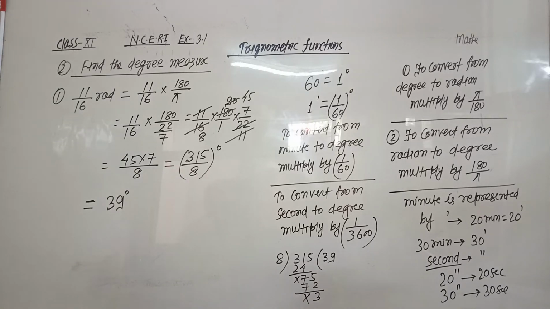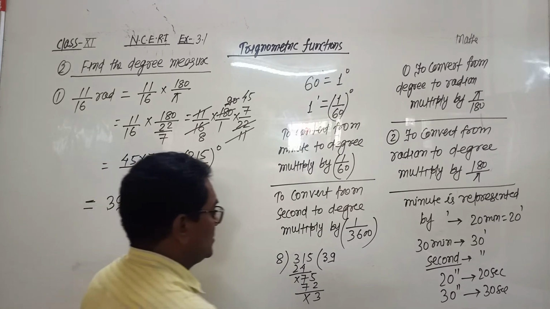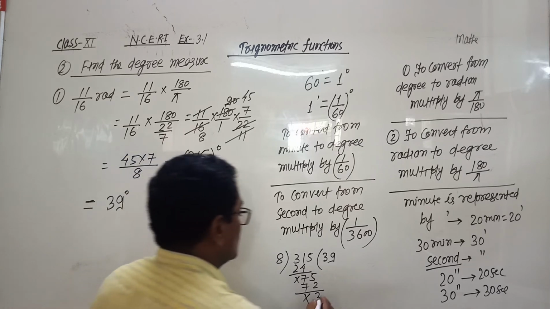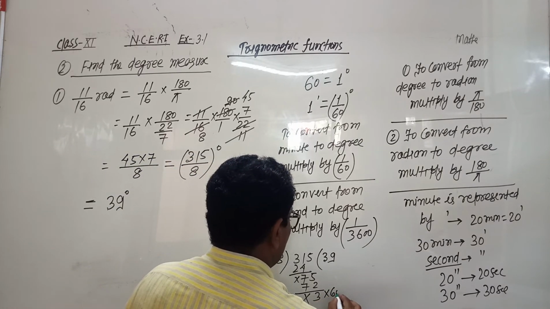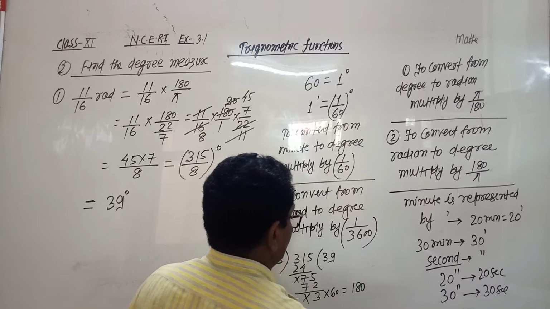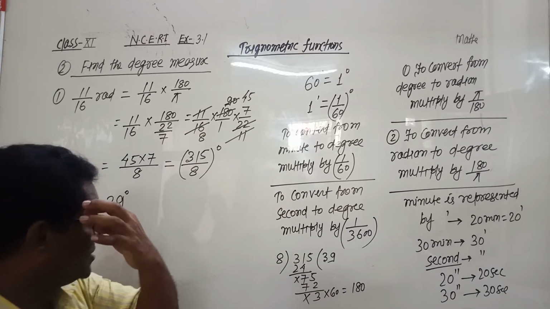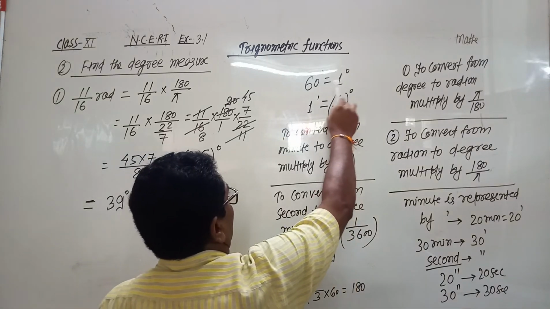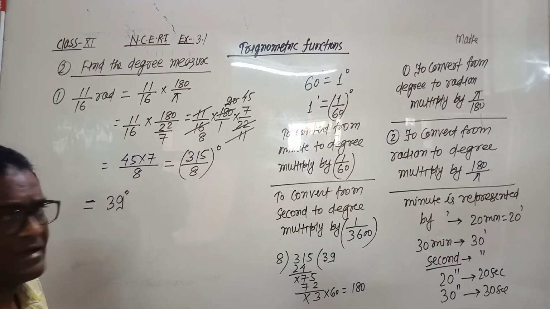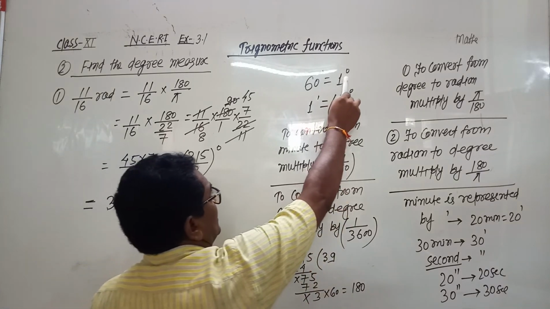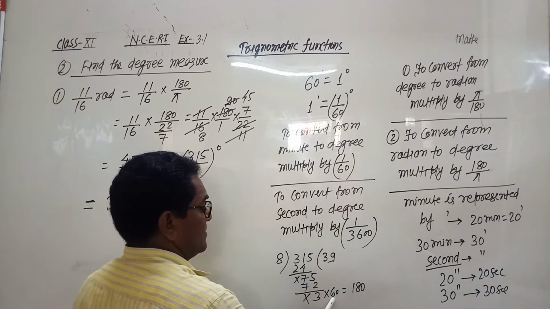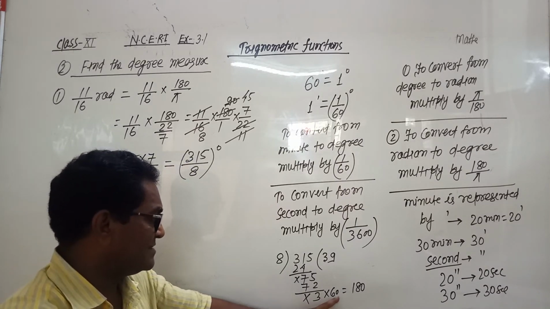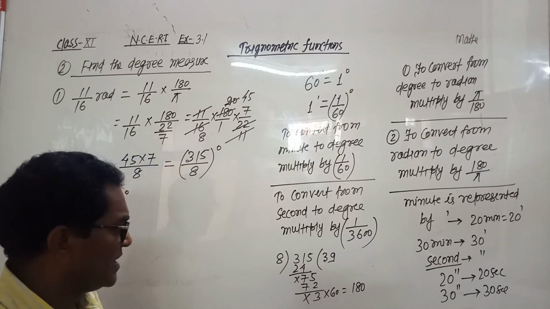So now we will convert this remainder 3 into minute. And to convert from degree to minute, we will multiply by 60, because the formula was 1 degree equals 60 minutes. And 60 into 3 comes 180.